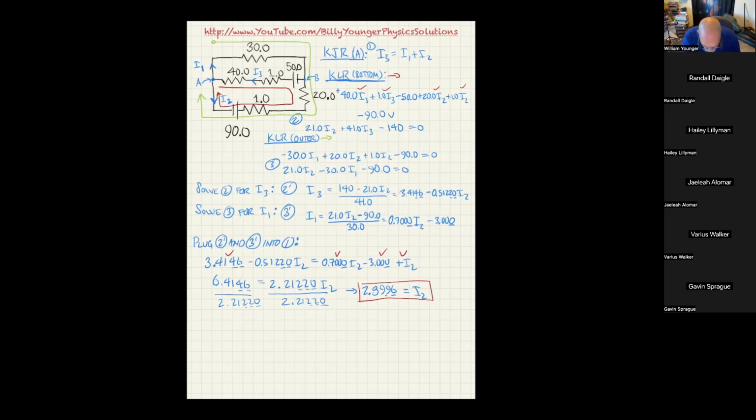So I've now gotten current I2, and that's part of the goal. As you might have suspected, the goal for this is just to solve for the currents, I1, I2, and I3. So now I have I2, which is luckily exactly what I3 and I1 are in terms of. So now I can say I1, and this is from 3 prime.